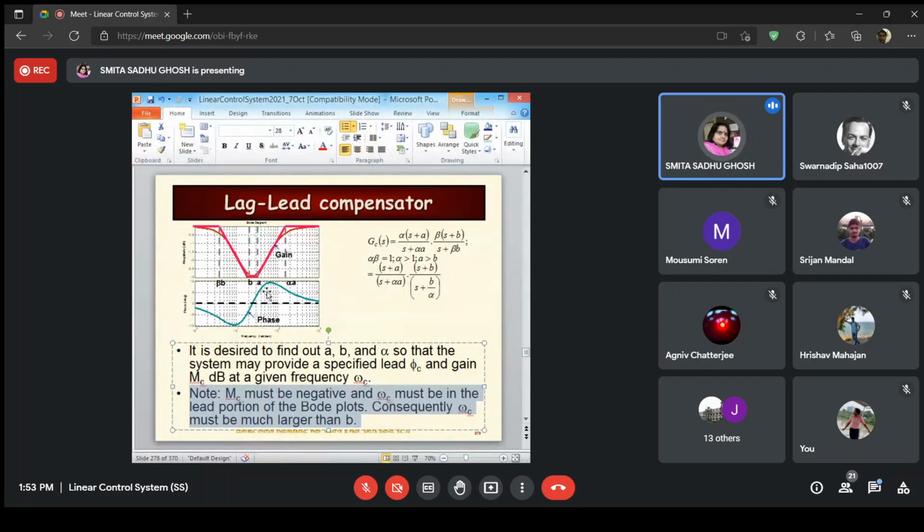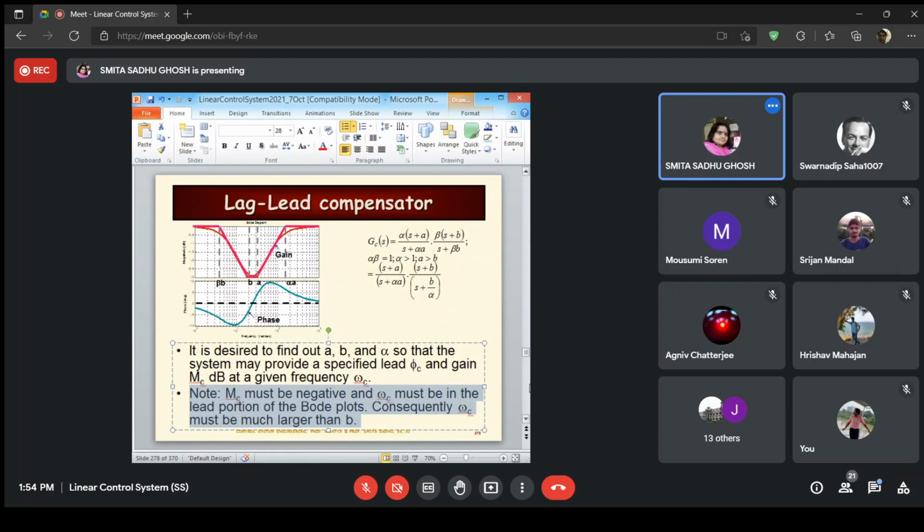Lead from the compensator means we have to place our desired frequency where there is already a lead, meaning at the higher frequency range, right? Consequently, omega c must be much larger than B, where we are going to get a lead. Otherwise we will not be able to get a lead, because if we place it below the frequency B, we are going to get a lag from the compensator, which we would not want.